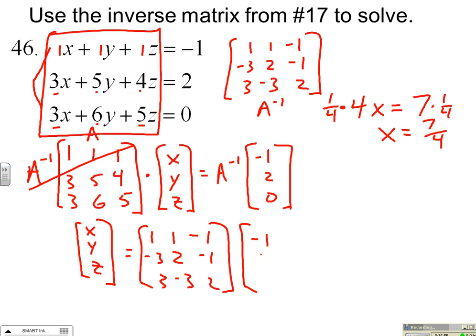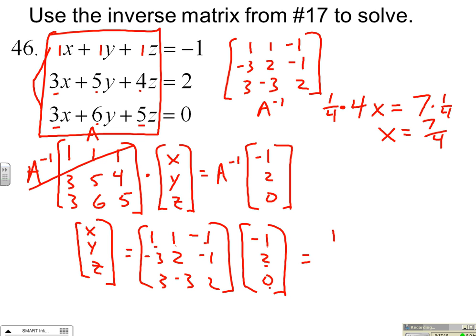times -1, 2, 0. Let's see if we can do that one in our head. So I'm taking this, this, and this times this, this, and this, etc. I get -1 plus 2, 1, plus 0, I get 1.